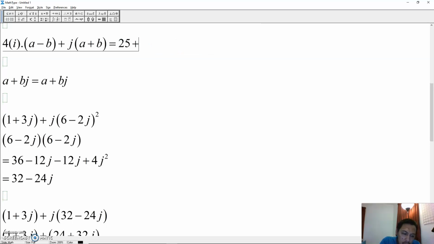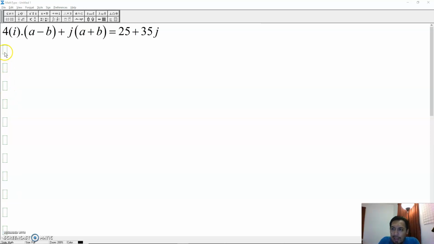Now that we have the left hand side in the form of a plus bj, where this is a and this is bj, and the right hand side also in the form of a plus bj, where 25 is a and 35 is b, the next thing to do is to put it in a simultaneous equation and try to find the values of a and b.